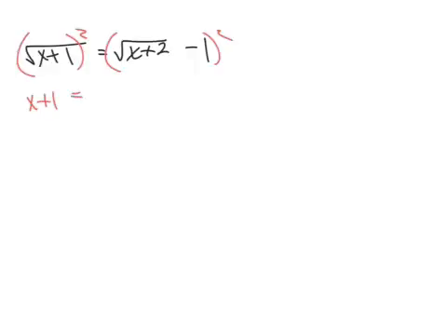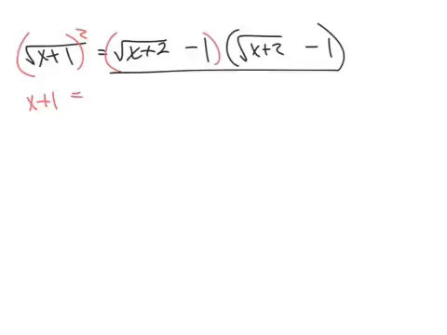And then we have to take this second one here and do the FOIL method. Yuck, FOIL method with that. But let's just take it one piece at a time. So my f is going to be this times this. Square root of x plus 2, and we're squaring it, which means it's just x plus 2, right?